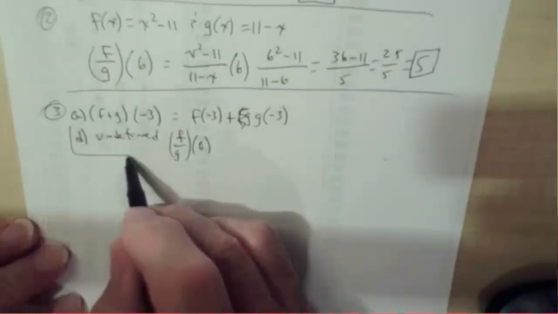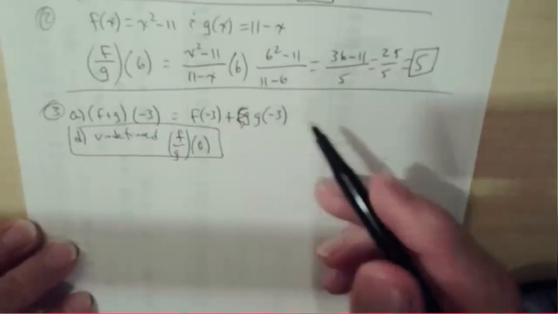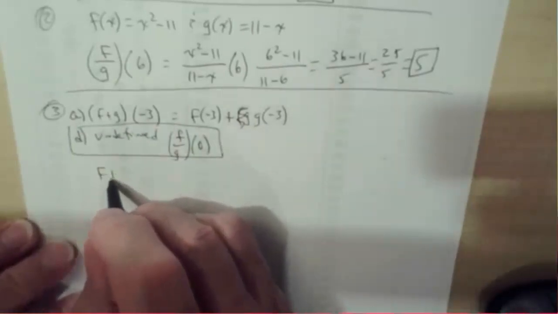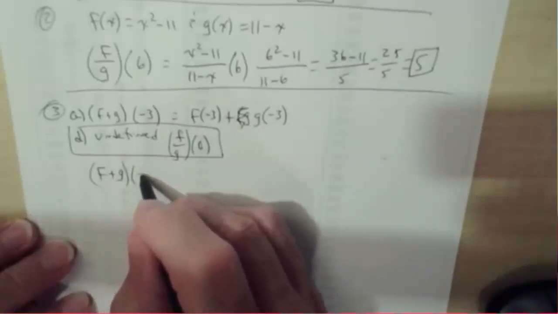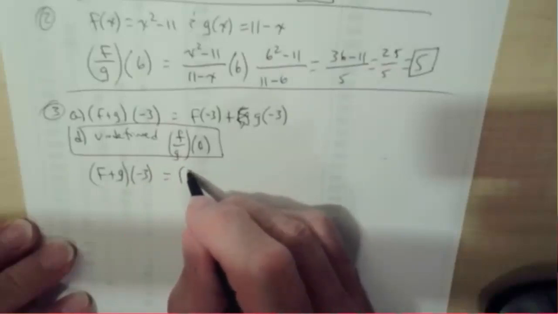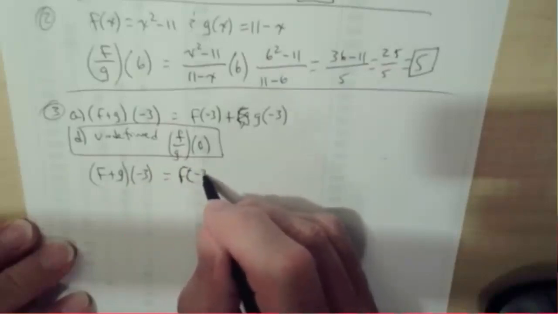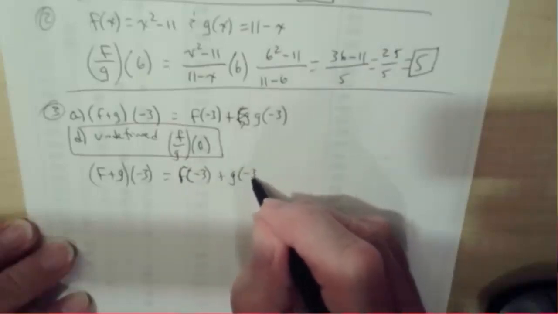But anyway, let's do this one up here. f plus g of negative 3, and again, that equals f of negative 3 plus g of negative 3.